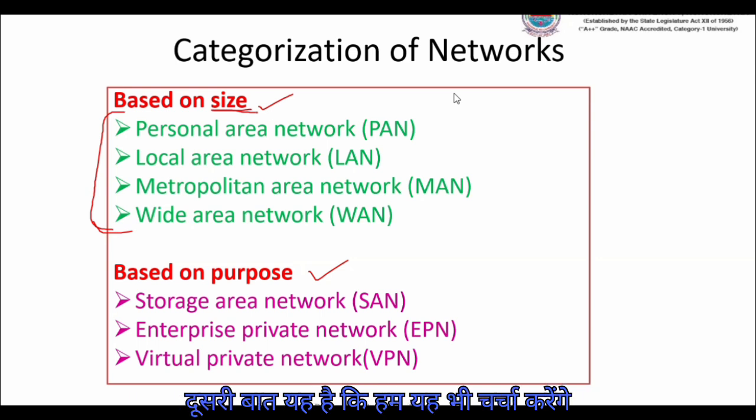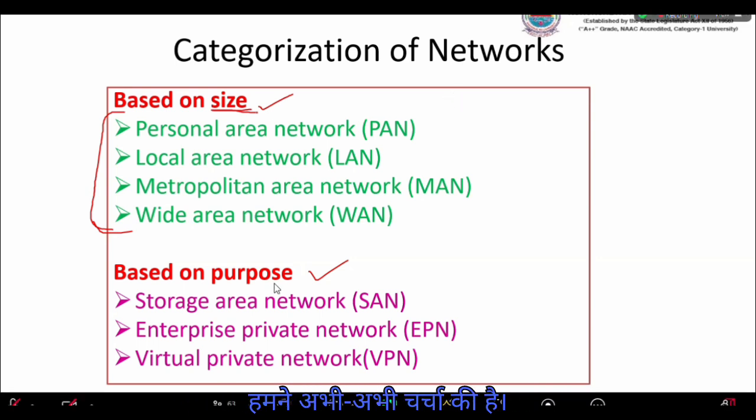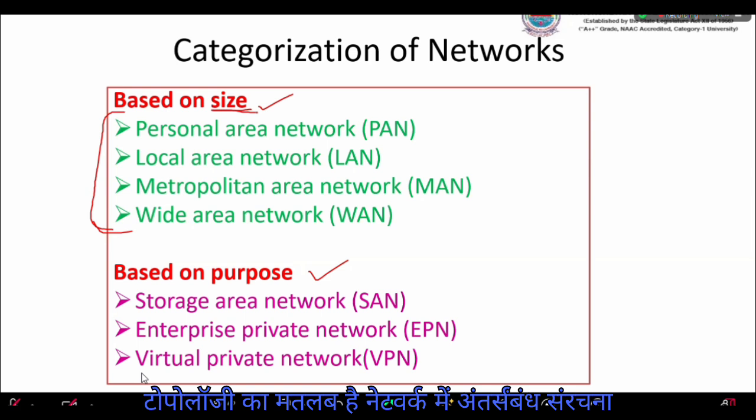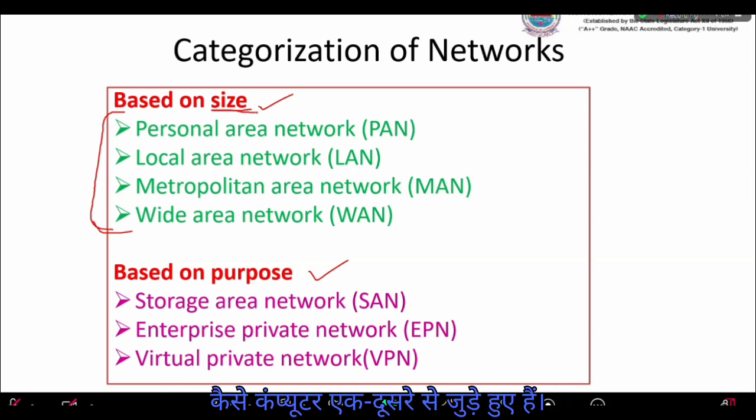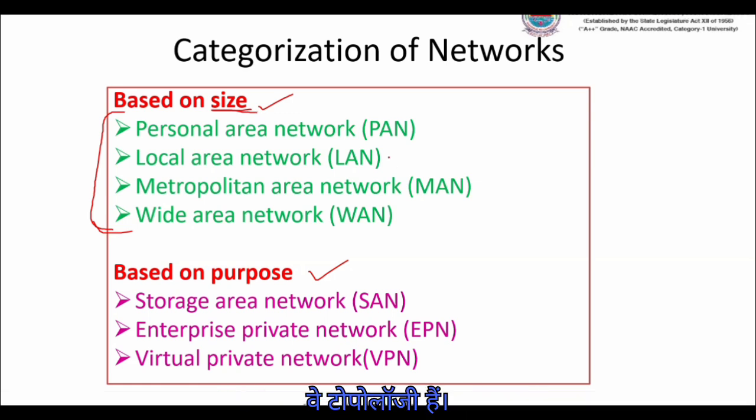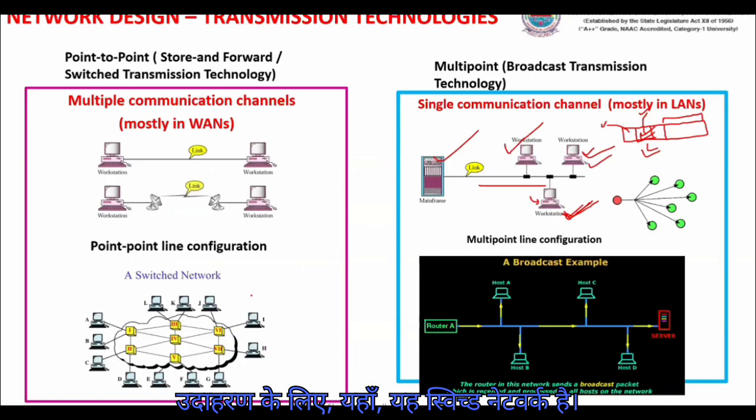Size means how much area they are covering. Second thing is we will also talk about the transmission technology which we have discussed just now. And we will also talk about topologies. Topologies means the interconnection structure in a network, how computers are connected to each other. Okay, they are the topologies.